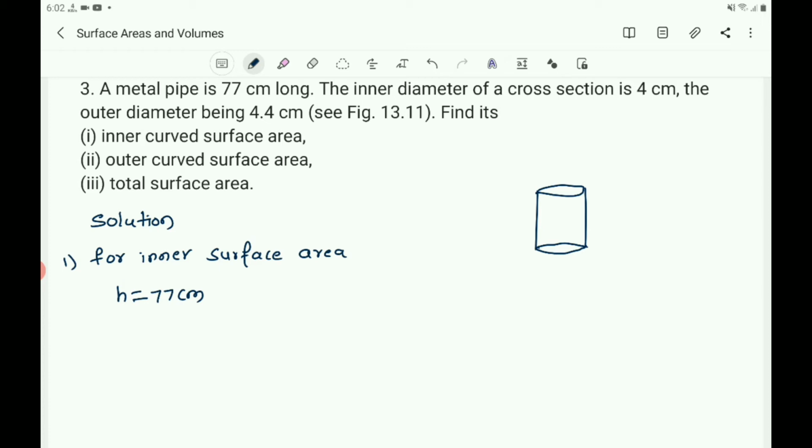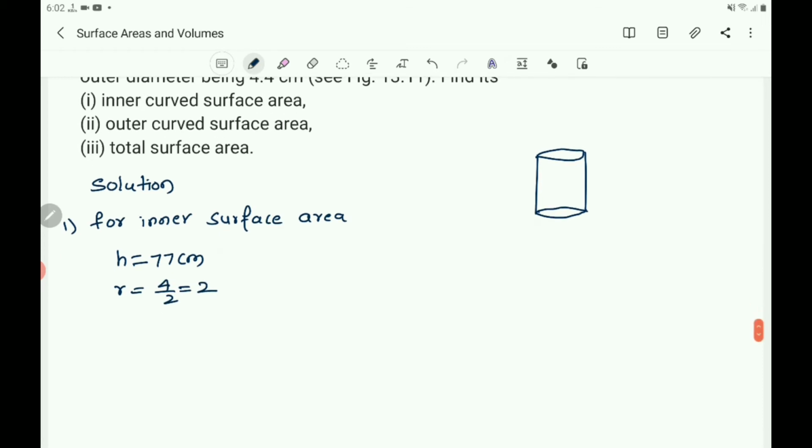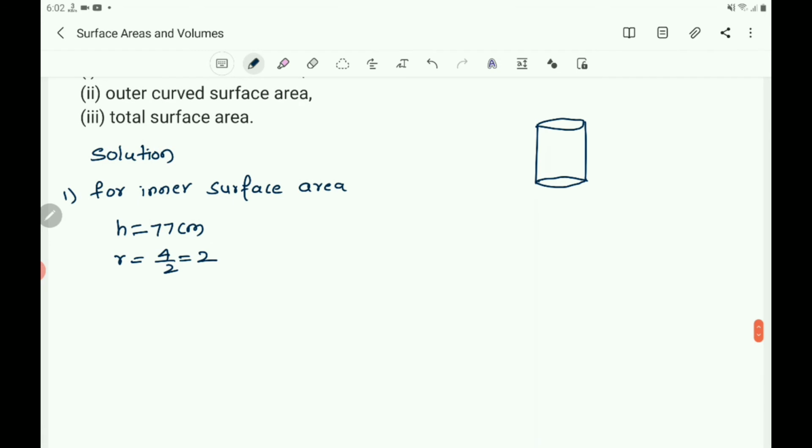So its radius is half of its diameter, that is r equals 4 by 2 equals 2. Then you find the inner curved surface area, because here it is a hollow pipe, which means there are no bases, only we have to find the CSA.